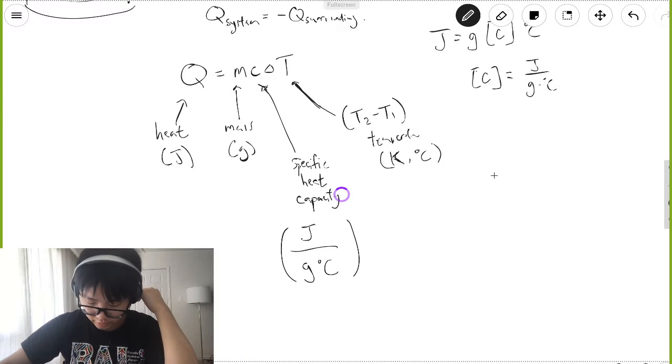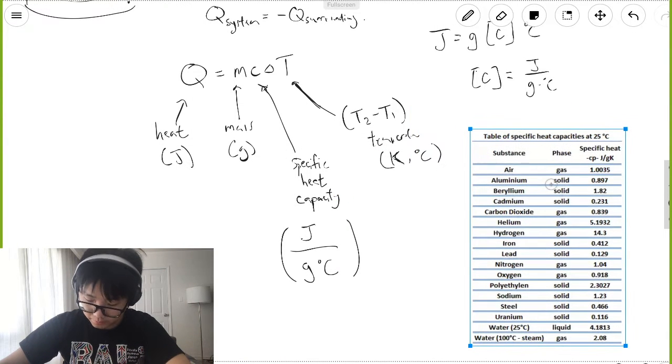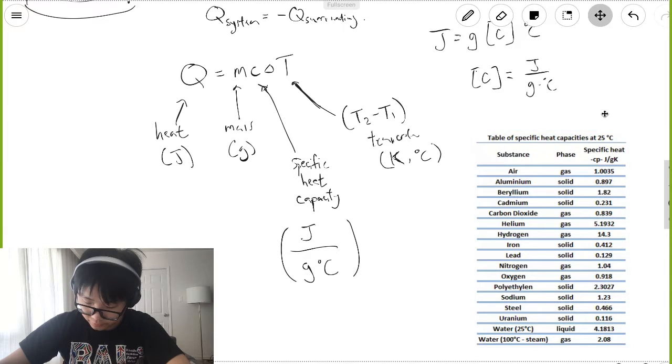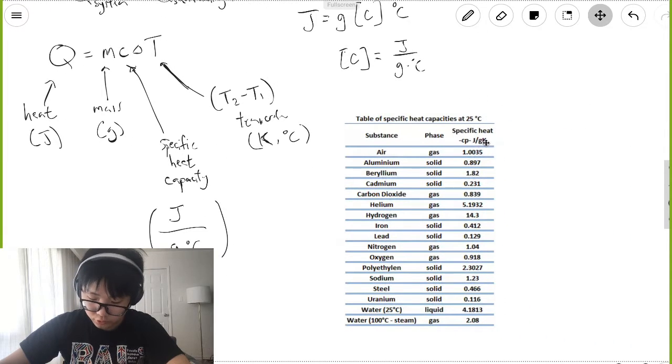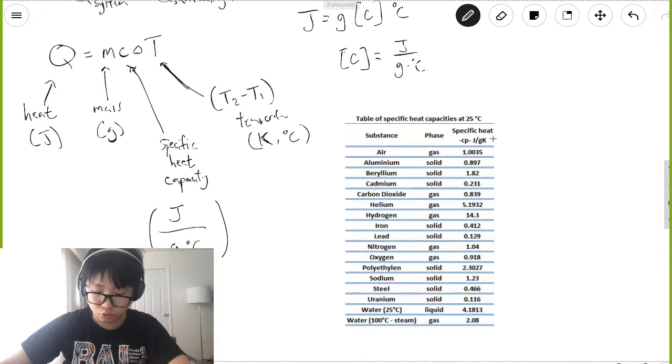Okay, so here it is. This is specific heat capacity for a lot of substances. Let's look at units first, because there are sometimes different units. This is joules per gram Kelvin, which is the same as ours, because joules per gram degree Celsius is pretty much the same.